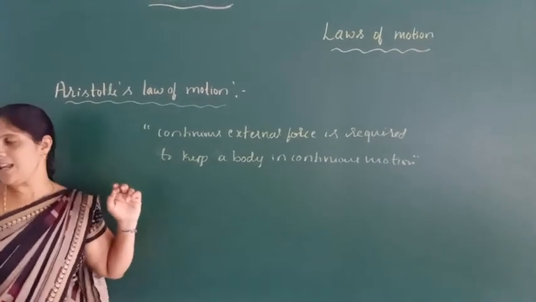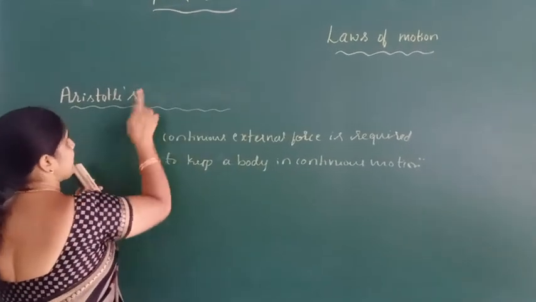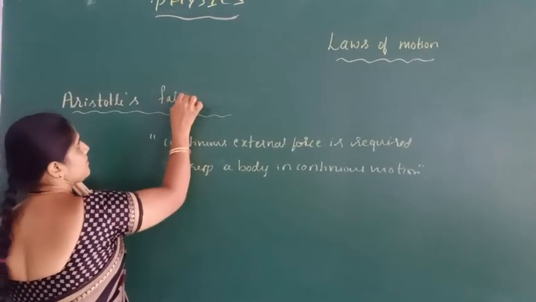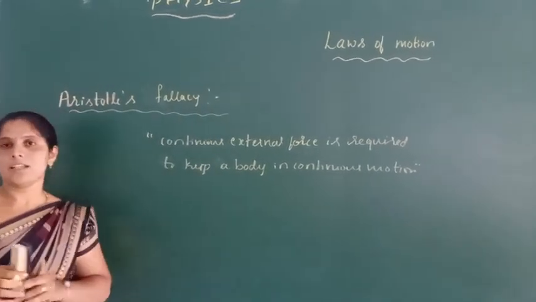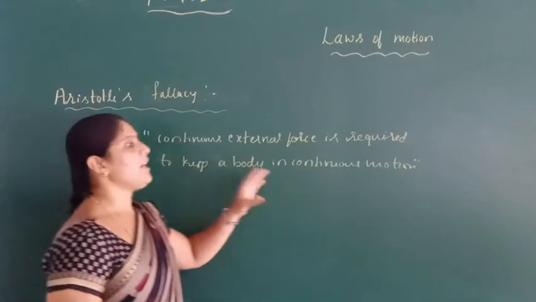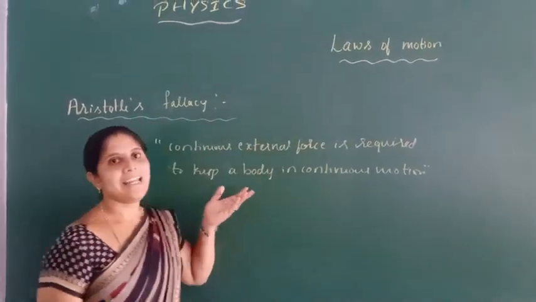Instead of Aristotle's law, now we call this Aristotle's fallacy, because according to him, a continuous external force is required to keep a body in continuous motion. This was corrected by Galileo.